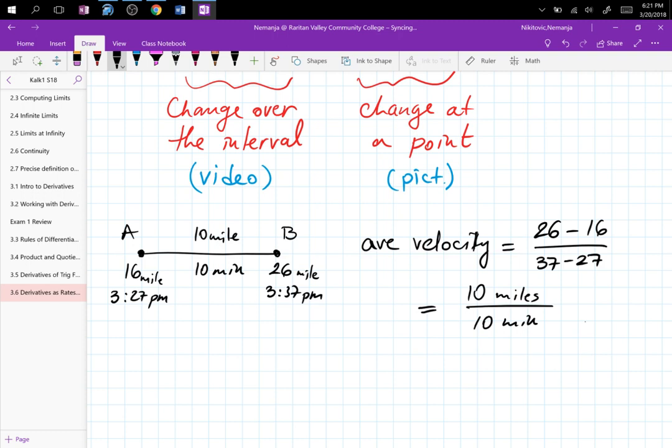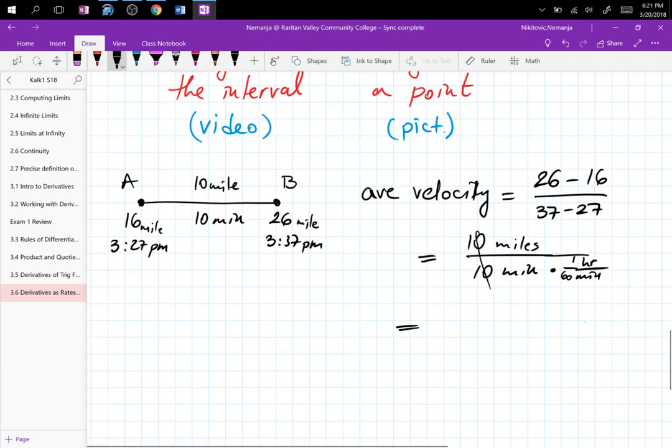Now we don't like minutes because we want miles per hour. You do the same conversion you do in your chemistry courses, where you put the unit that you don't want in the denominator to cancel and the unit that you do want in the numerator. And then you say 1 hour has 60 minutes. Great. Now 10 and 10 cancel.